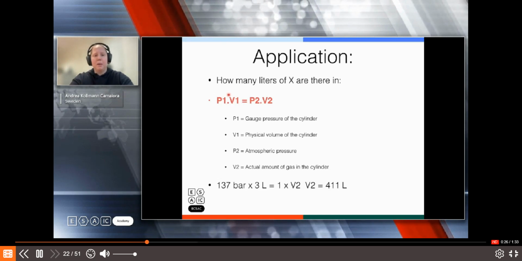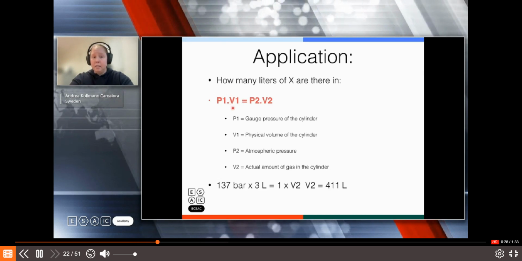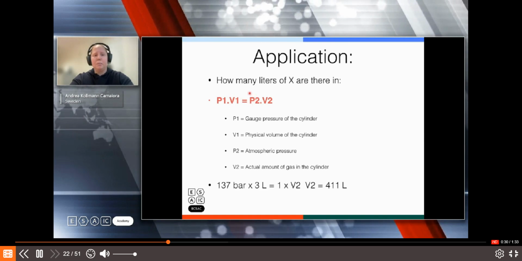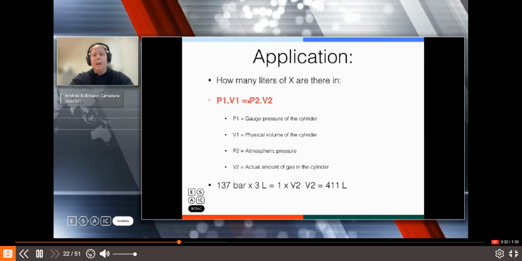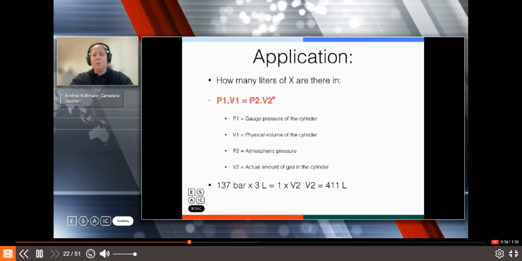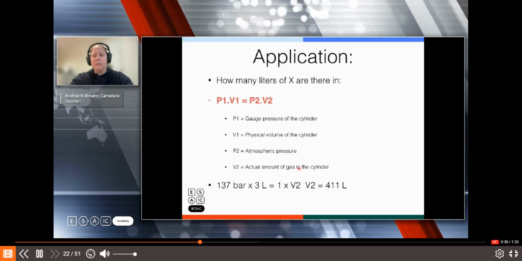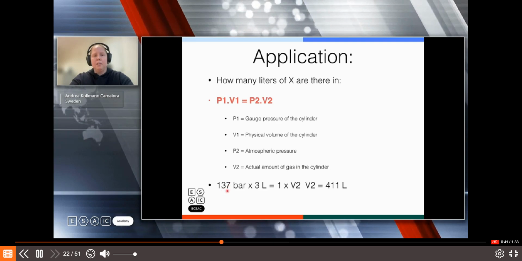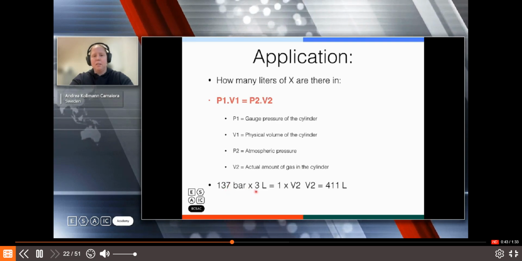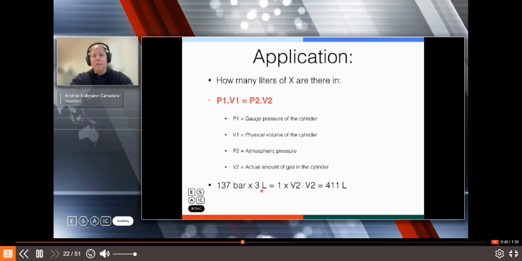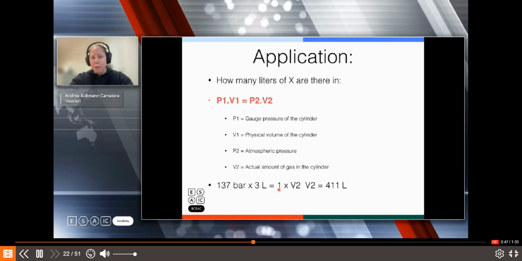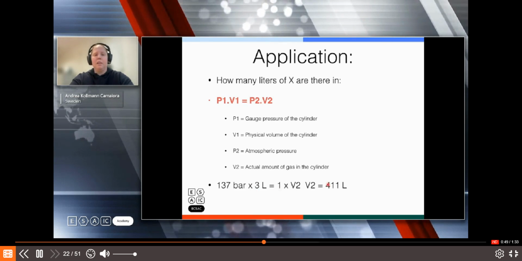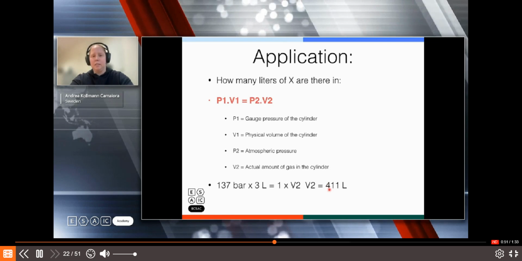This is the capacity of the cylinder in liters. And this is the atmospheric pressure. And this is the actual amount of gas in the cylinder. So we'll do this multiplication. If I have 137 bars and my cylinder is a little one of 3 liters, the atmospheric pressure is 1 bar, how many liters are there? Well, there are 411 liters in the cylinder.